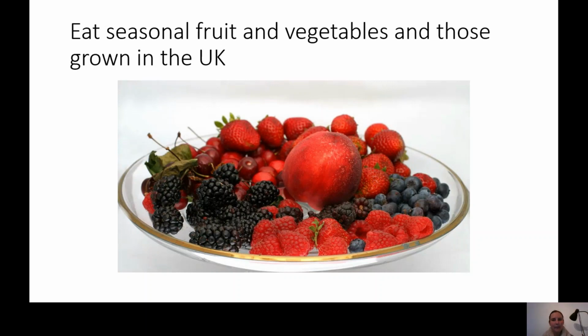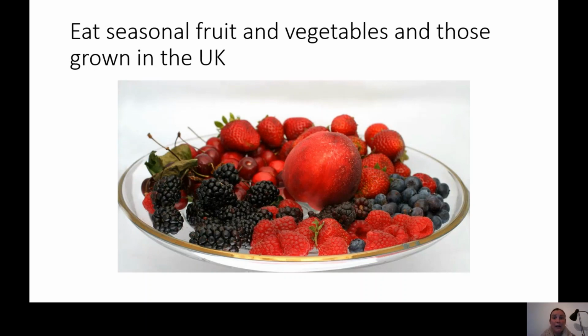And as we know, when we burn those things, it releases gases into the atmosphere. So if we eat fruit and vegetables that are grown at the time and all they had to do is be picked and brought to our supermarkets within the UK, then we'll be using a lot less energy and burning a lot less fossil fuel for them to reach us.